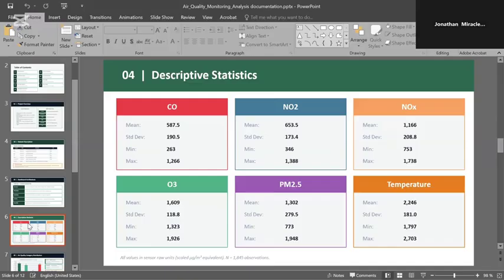Temperature here has the highest mean at 2,246, but that's on the sensor's own scale, not degrees. These baseline numbers are what everything downstream, the AQI classification, the correlations, and the forecast, is built on. Thank you.